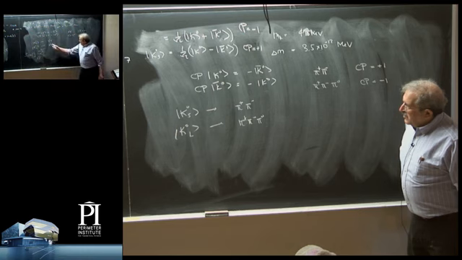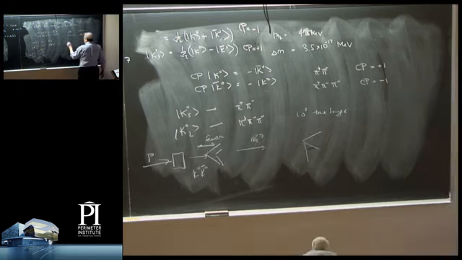Now, pi plus pi minus pi 0 is a three-body final state. So here you get two-body phase space. Here you get three-body phase space. And further, 3 times the pion mass is pretty close to the kaon mass, so it's a restricted three-body phase space. So this decay takes about 1,000 times longer.